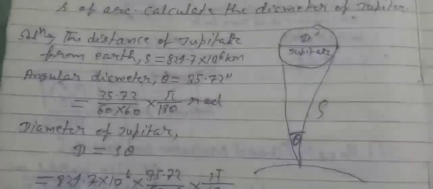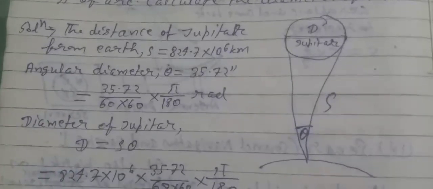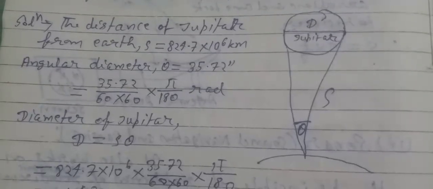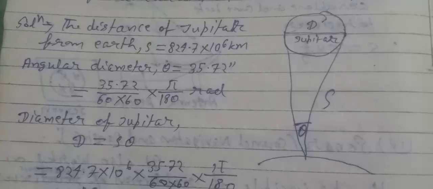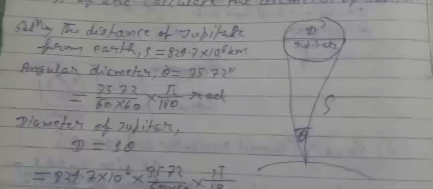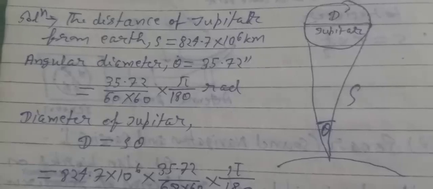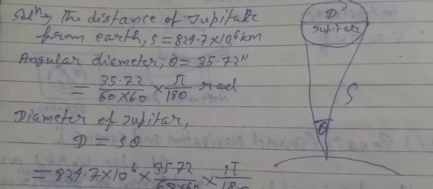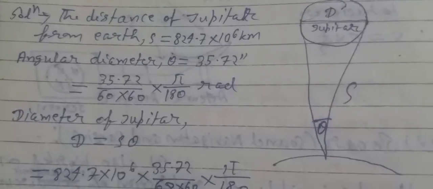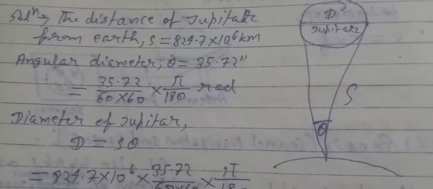The schematic diagram is shown in the figure. The distance of Jupiter from Earth is given as 824.7 into 10 to the power 6 km, and the angular diameter theta is given as 35.72 seconds. Now we should convert this second into radian. The formula for converting seconds into radians is to multiply 35.72 into 1 by 60 into 60 into pi by 180.